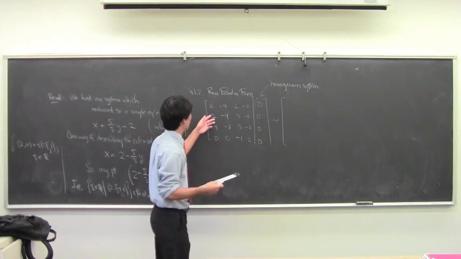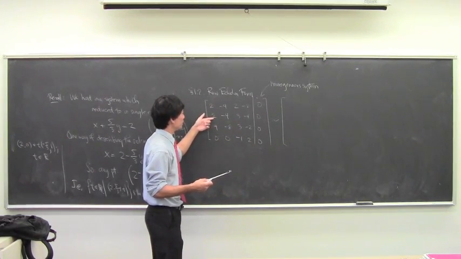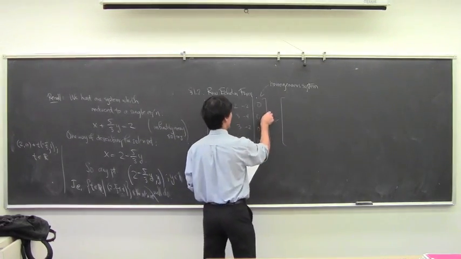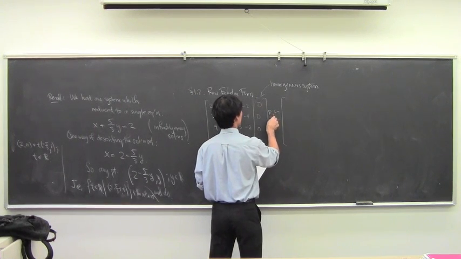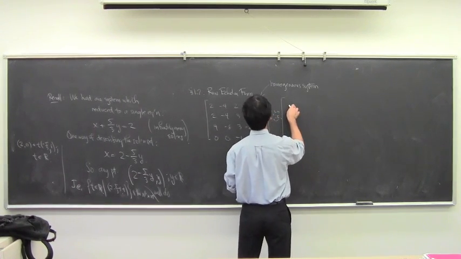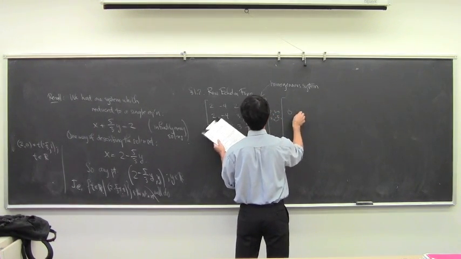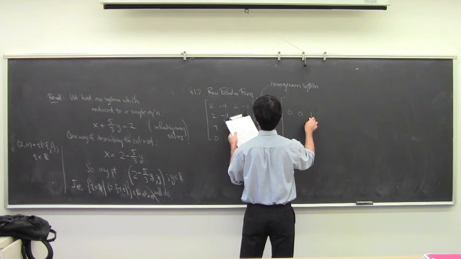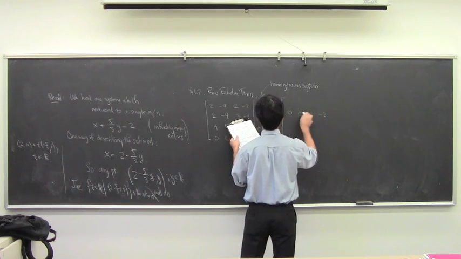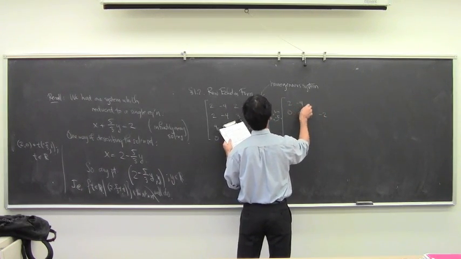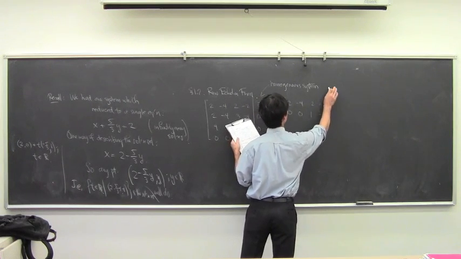Okay. So we'll add on -1 times the first onto the second. So row 2 becomes row 2 minus row 1. So it becomes 0, 0, 1, -2.